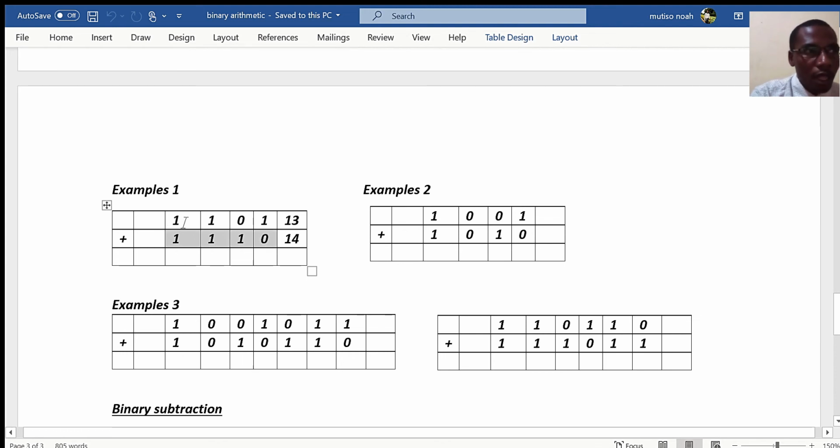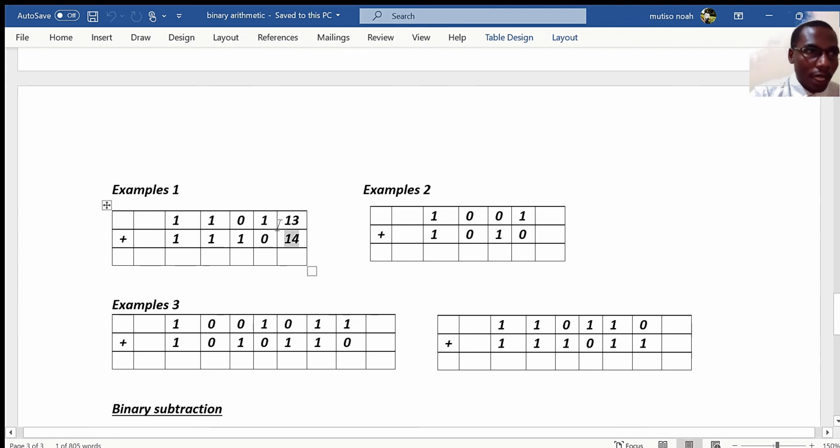You will notice that this binary number above is equivalent to decimal number 13. You will also notice that this binary number below is equivalent to decimal number 14. Confirm? Hope that you have confirmed.